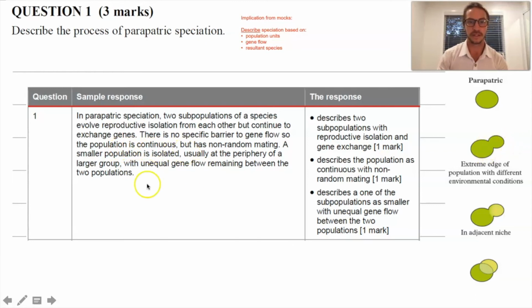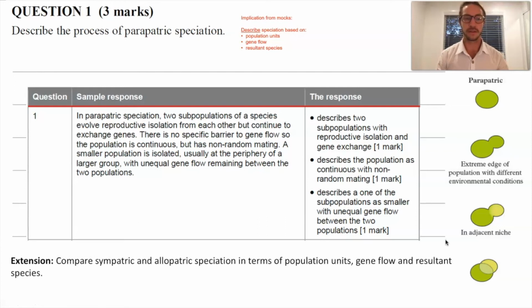It can still continue, but has random mating. A smaller population is isolated, usually at the periphery of a larger group, with unequal gene flow remaining between the 2 populations. Cool. So maybe you can check this out a little bit more if you want to go in depth, but that was all there was in the mock stimulus for this topic.